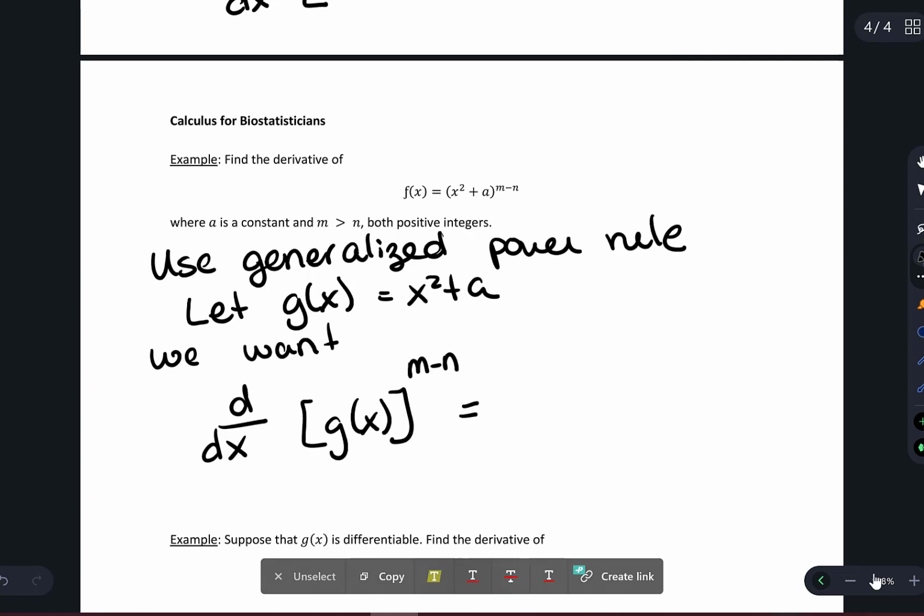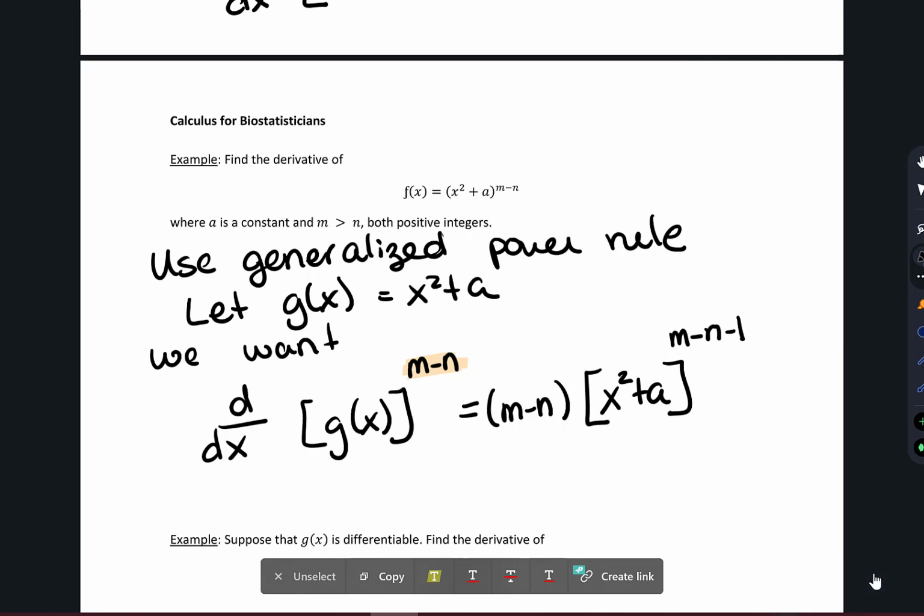Well, we can apply that generalized power rule. Here our exponent is m minus n. So we're going to bring that out front. We're going to multiply that by the g of x, which in this case is x squared plus a, and then subtract 1 from the power. So I'm going to have m minus n minus 1.